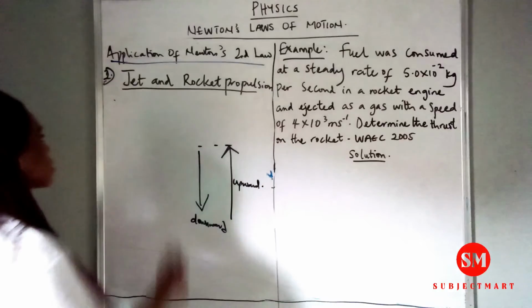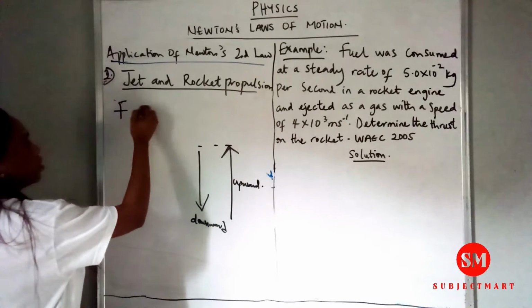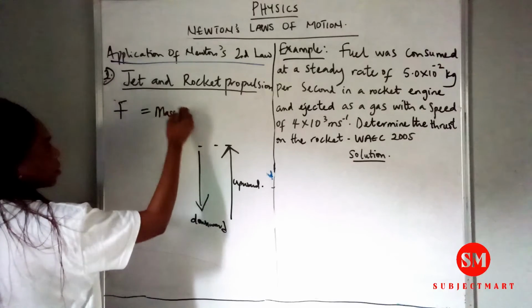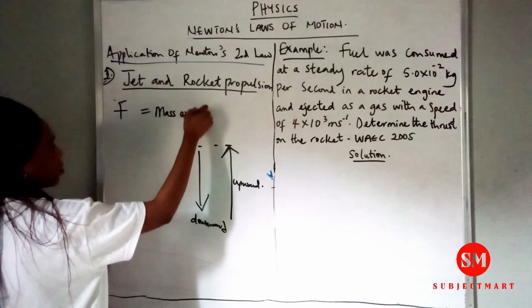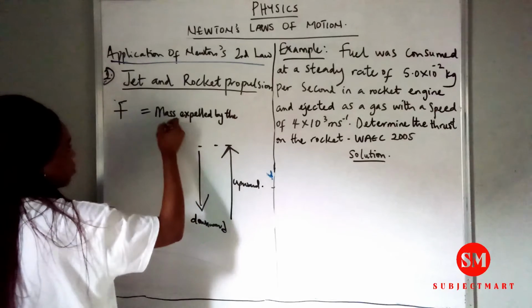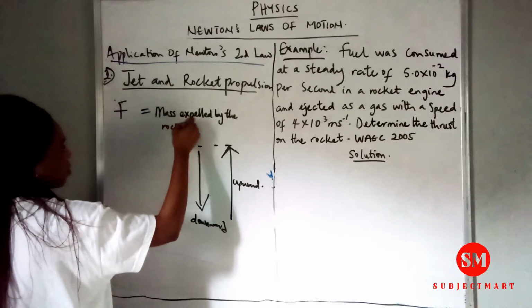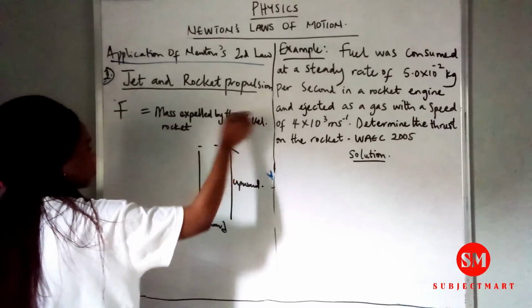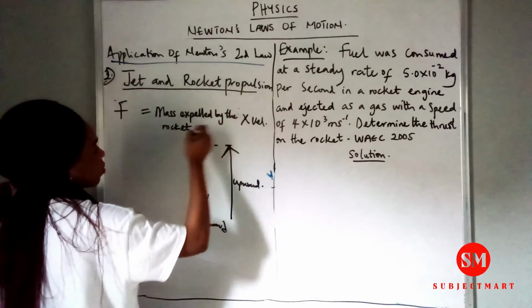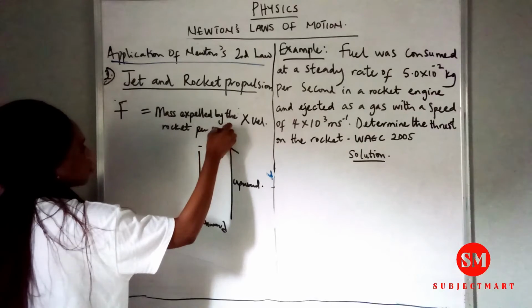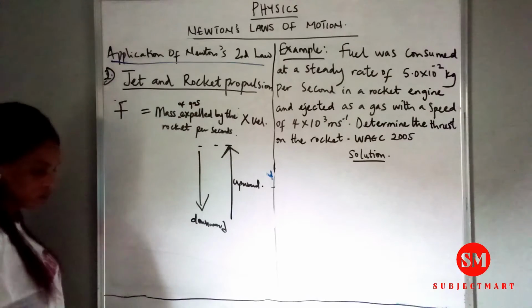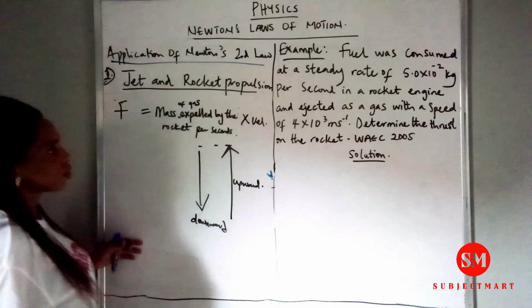Okay, so in this case, force is equal to the mass of gas expelled per second by the rocket times the velocity.